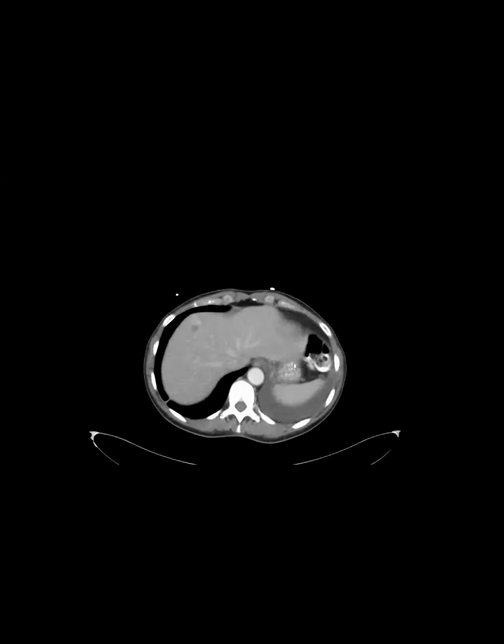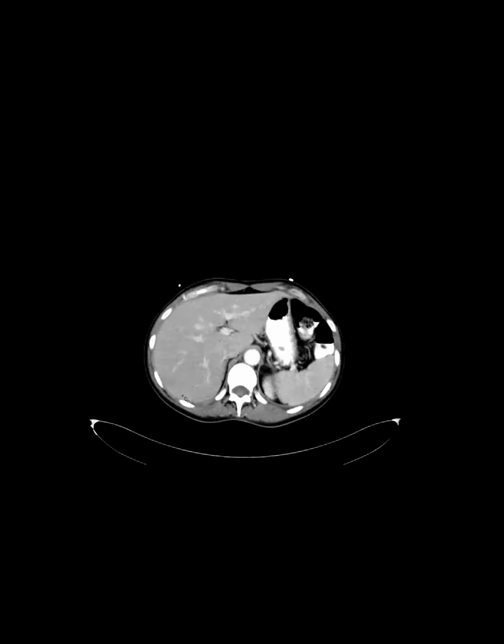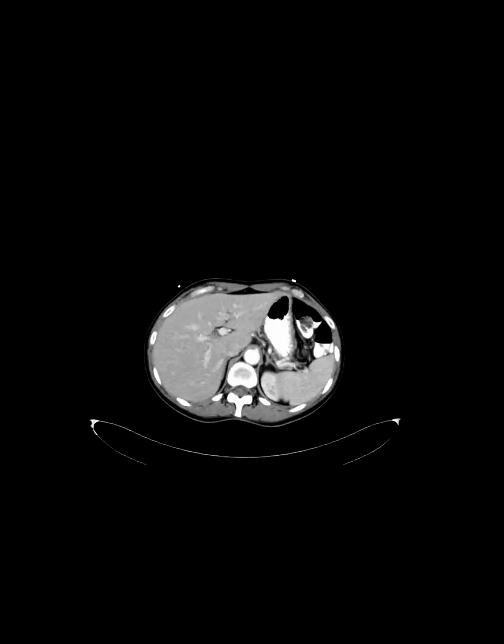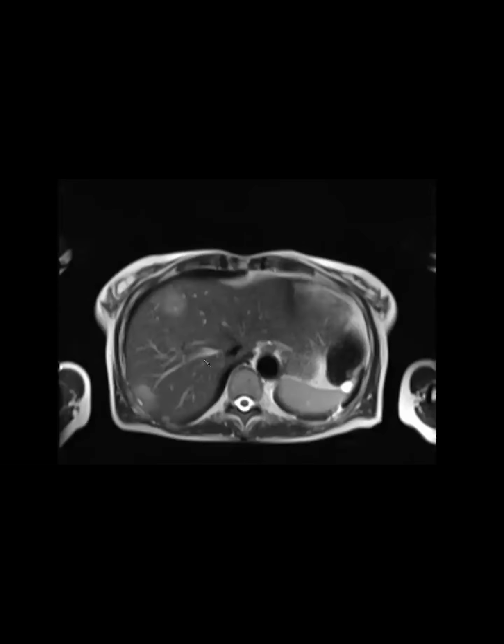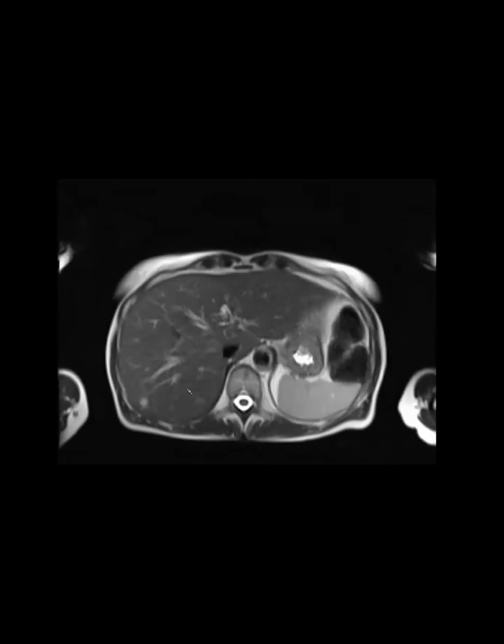On that prior exam, we said that most of these were hemangiomas, probably a combination of cysts and hemangiomas, not definitely lung cancer mets, which I think is reasonable. But they ended up growing over a couple of years, and then the MR shows that they are mets. So just be careful. Some mets can look like hemangiomas.